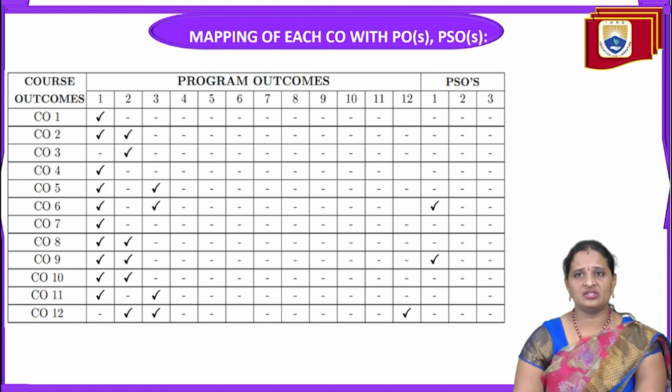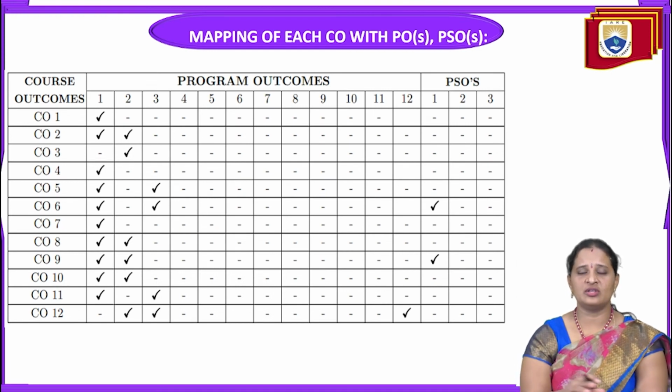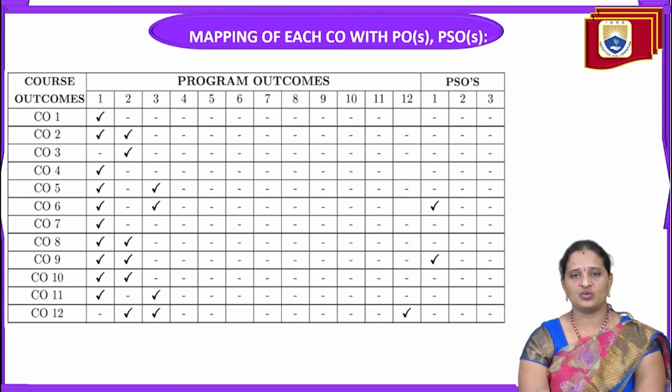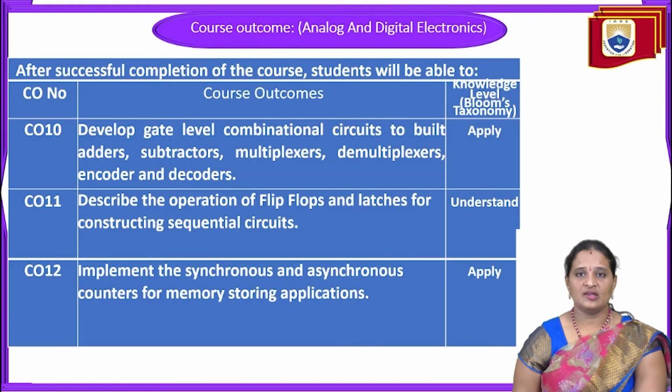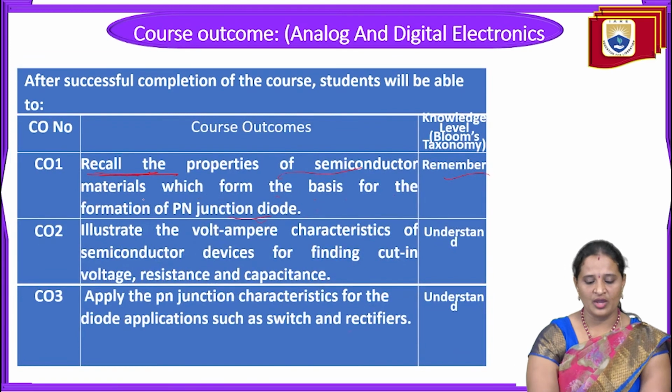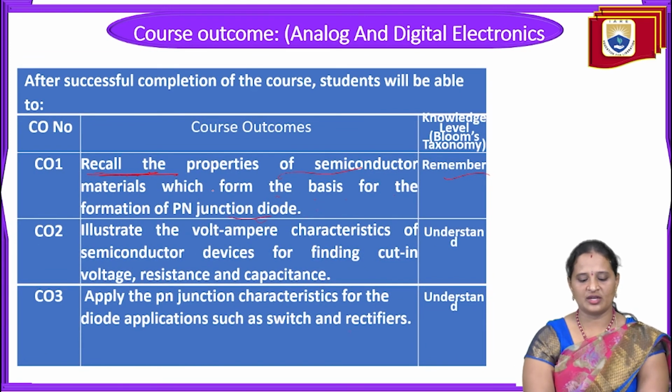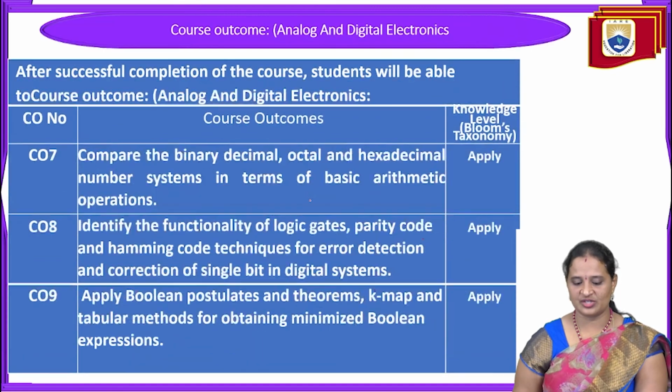And the mapping of each CO with the PO. How are the COs mapped to the PO? So, just now we have seen what the POs are defined as. So, how are the POs mapped to the COs? Here, let us take the first CO. Recall the properties of semiconductor material which form the basis for the formation of PN junction diode.